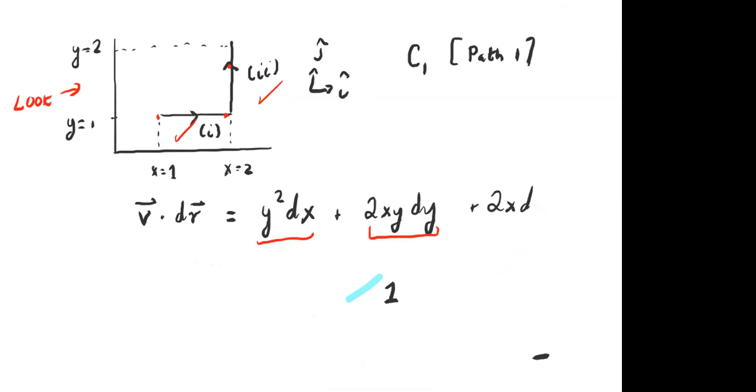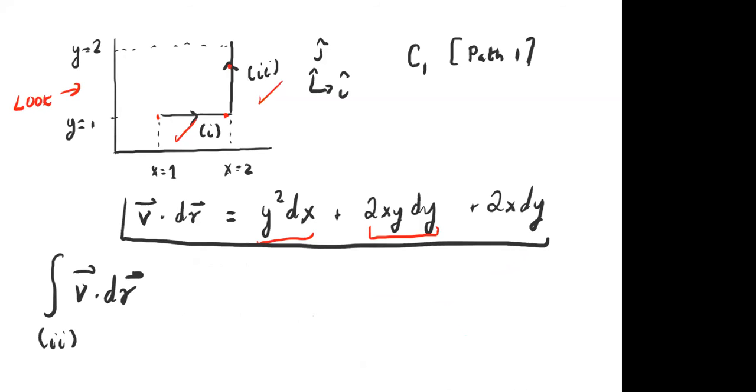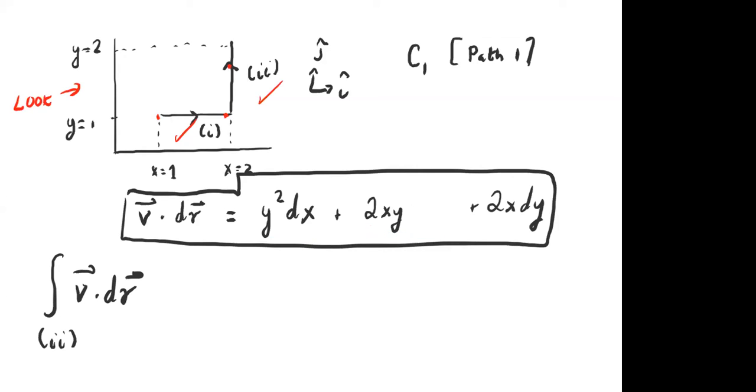So now I'm doing this along. I'm evaluating the second guy. Same story. V dot dr never changes. There it is for this particular problem. But I just have to evaluate it.